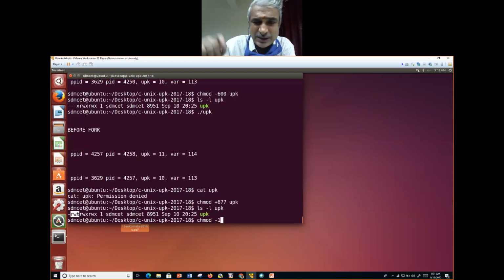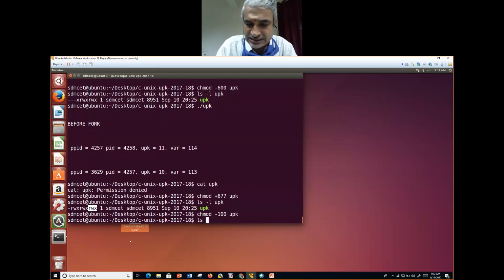That means remove executable, but keep the remaining. And for the other things, I'll say 0, 0. It means do not touch, do not remove anything from group and others. Group is this, others is this. Remove this. So on UPK, now see what happens. ls minus l.